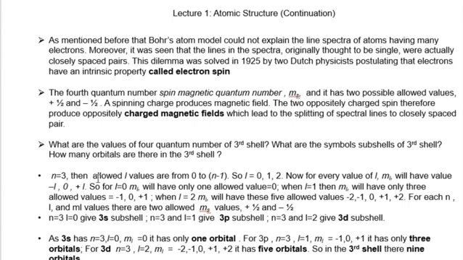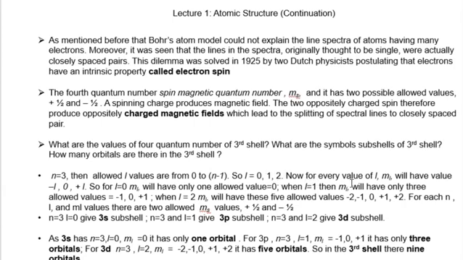So we have 3 subshells for n equal to 3. When L is equal to 0, we call it lowercase s, 1 lowercase p, 2 lowercase d. So the subshells will be 3s, 3p, 3d.